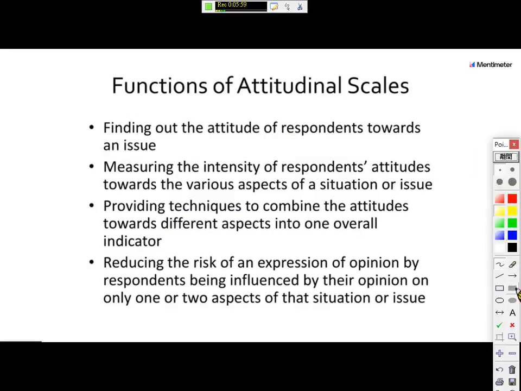And also, when we are using an attitudinal scale, we can reduce the risk of respondents' expressions being influenced by only 1 or 2 aspects of that situation, which means that a small group of people may have stronger opinions, right?